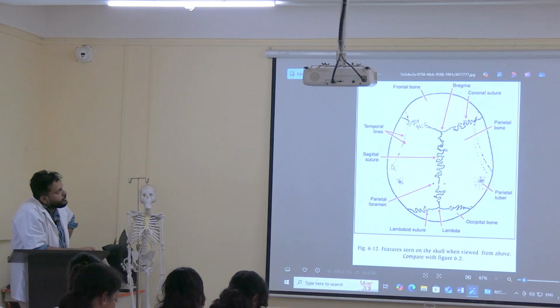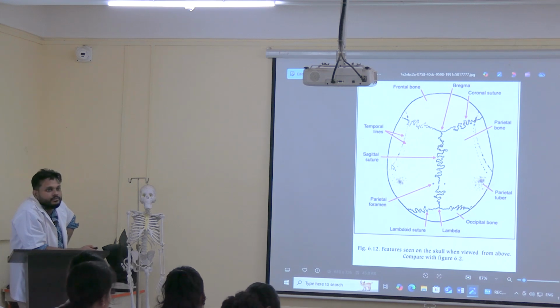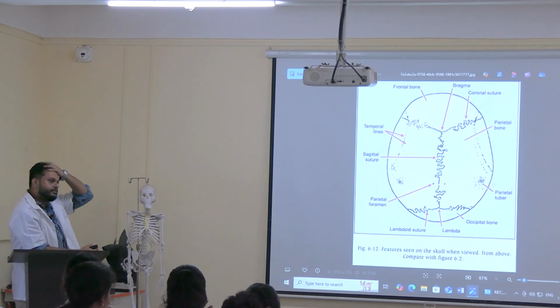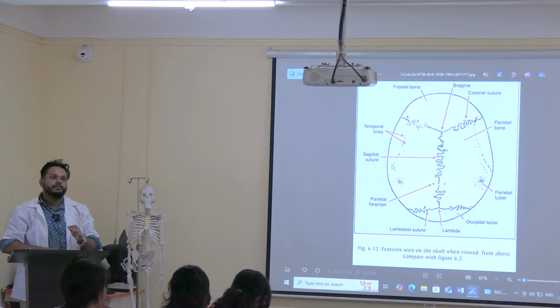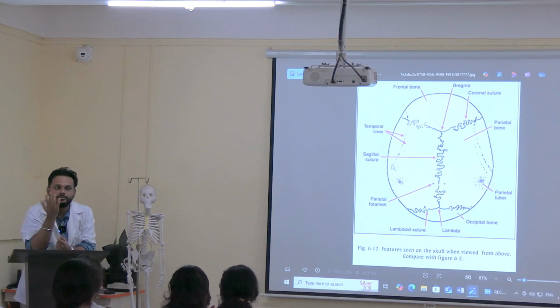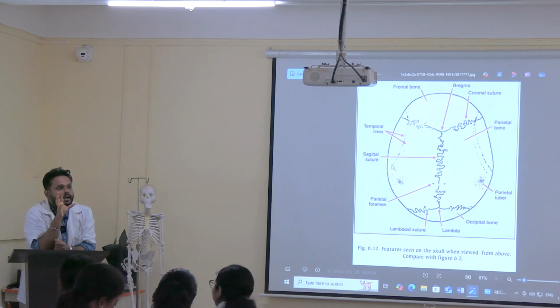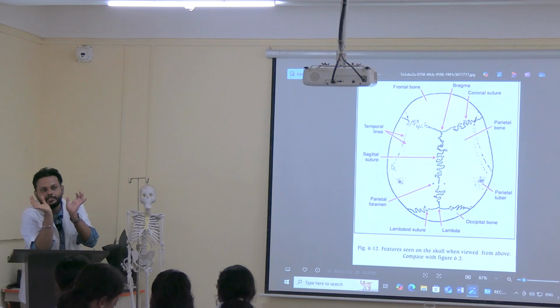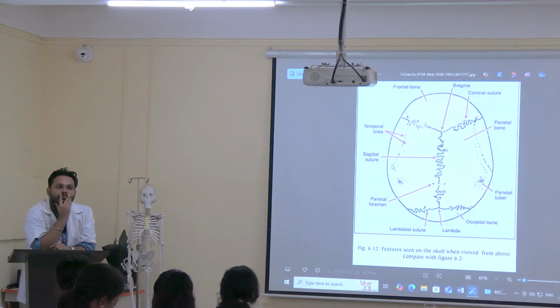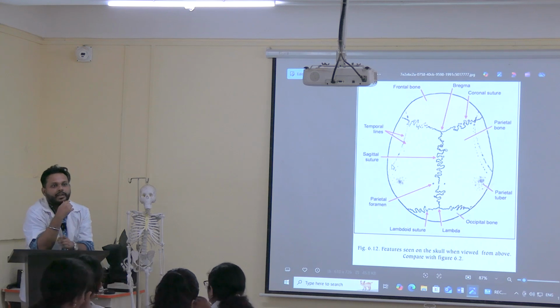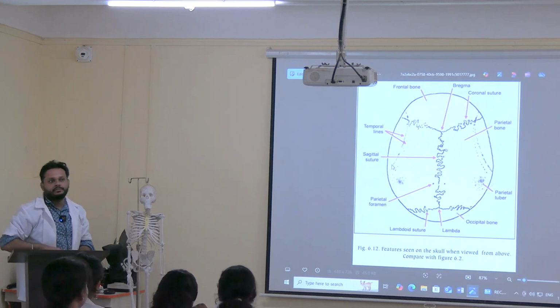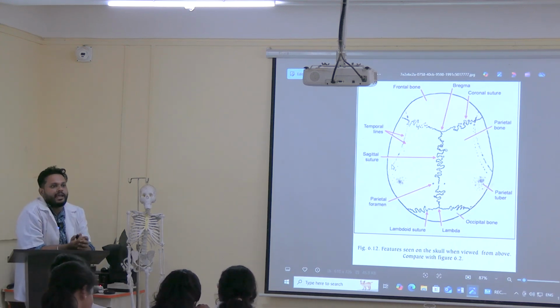What is the importance of knowing all these things? Just one simple importance. Can you tell me? Why is it important to know the diameters of our skull, various parts of skull? The size of our head with respect to the pelvic cavity. Just I am trying to give you one very common example. Importance of the diameters of our heads with respect to the pelvic cavity.